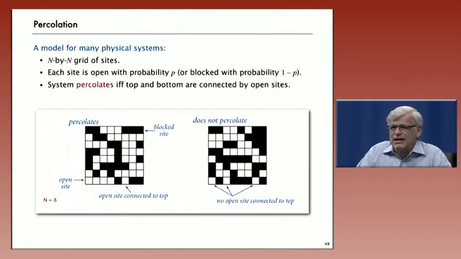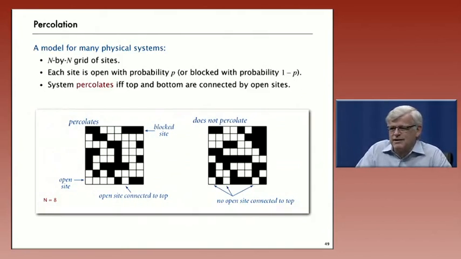So let's think of an n by n grid of squares that we call sites. And we'll say that each site is open, and that's white in the diagram, with probability p, or blocked, that's black in the diagram, with probability 1 minus p.